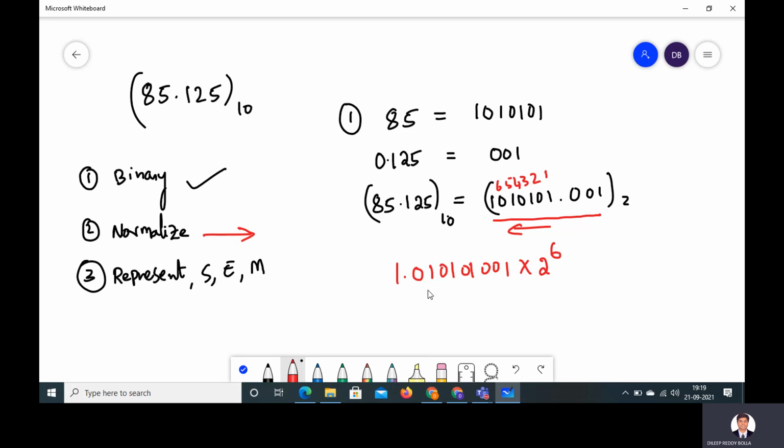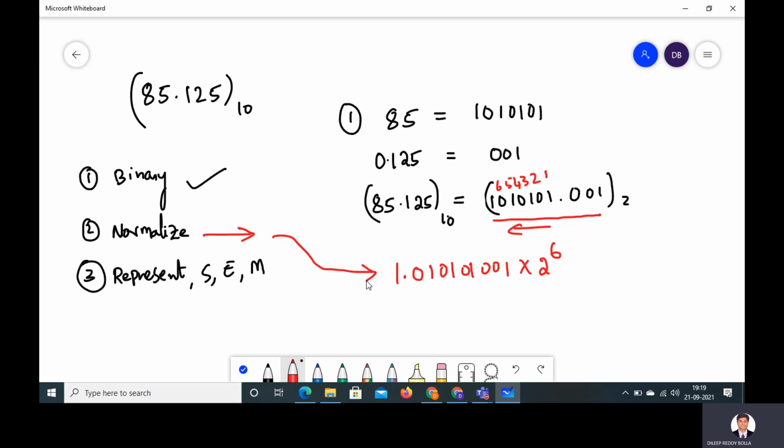This is called normalization. If the point were moved 7 places, it would become 2 power 7. Until here, the values do not change in single or double precision; whichever precision you take, it makes no difference.